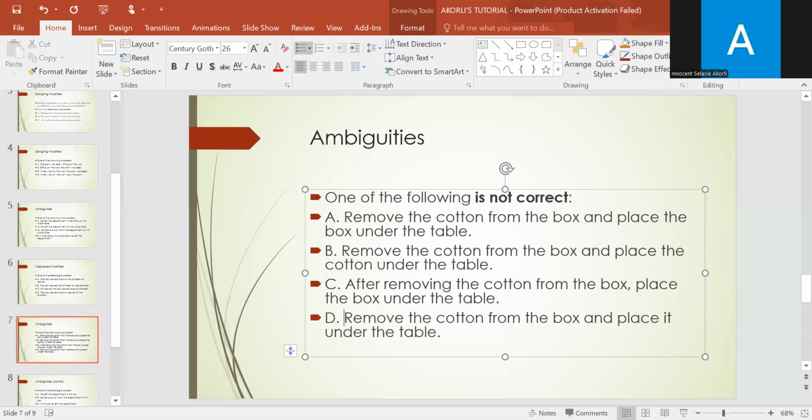So if you see a question like this, basically, the demand of the question will be which of them is ambiguous. That is it. So in this particular case, it should be D.